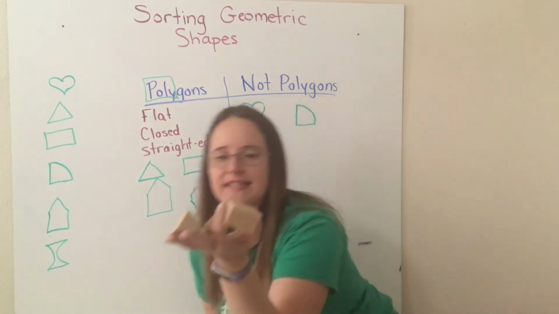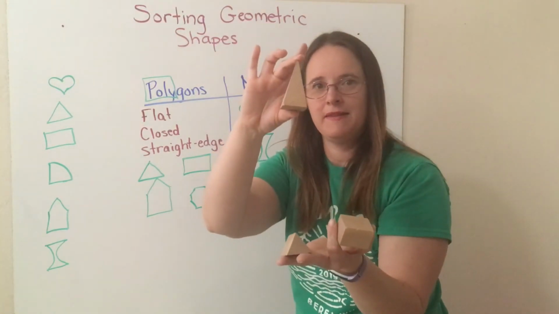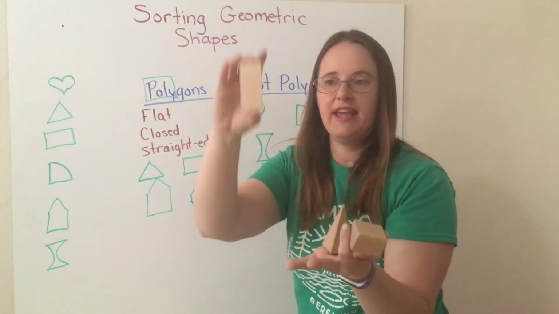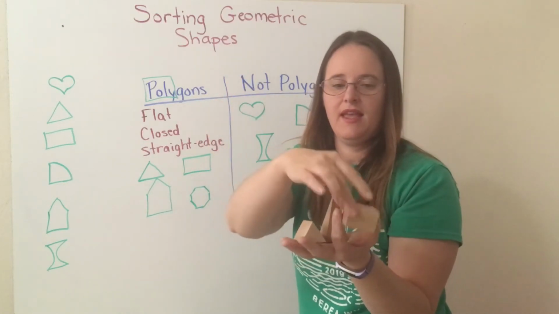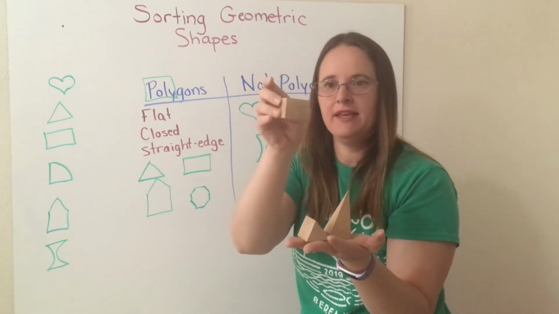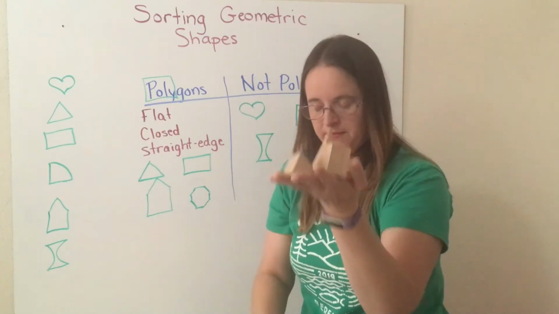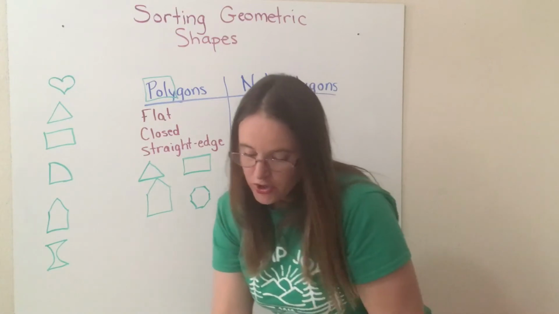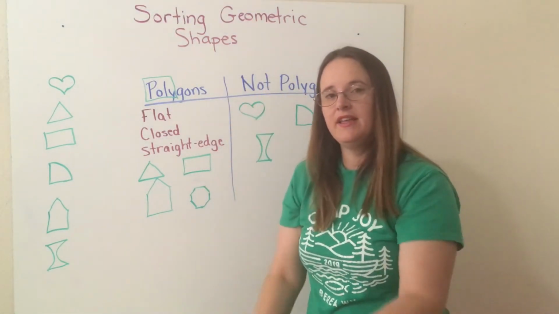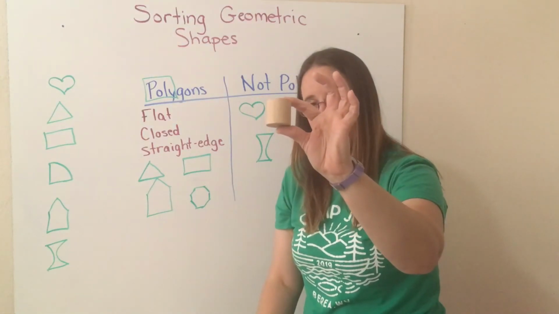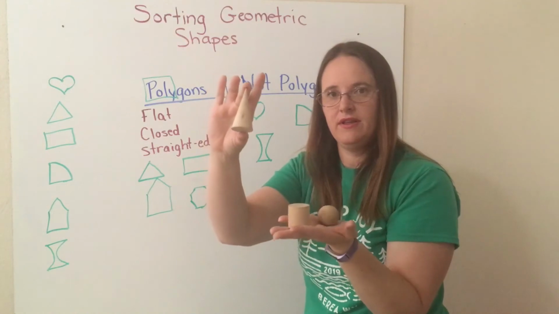Group number 1 contains the pyramid, the triangular prism, and the rectangular prism. That is group 1. Group 2 contains the sphere, the cylinder, and the cone.